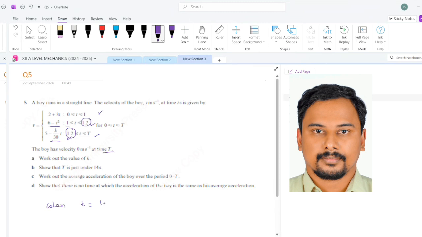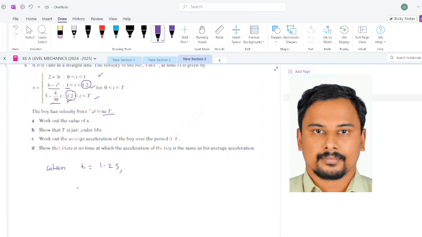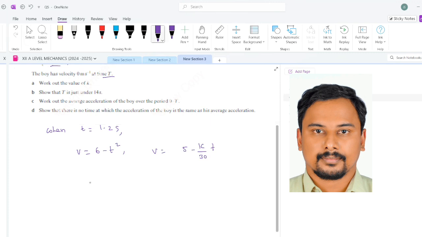So at time 1.2 seconds you can equate both the velocity equations, because one equation is v equal to 6 minus t square, and the other equation which involves k at 1.2 seconds is 5 minus k by 30 into t. That is the reason why I am taking these two. Now equate both of them. So 6 minus t square is equal to 5 minus k by 30 into t. Now simplify it further.